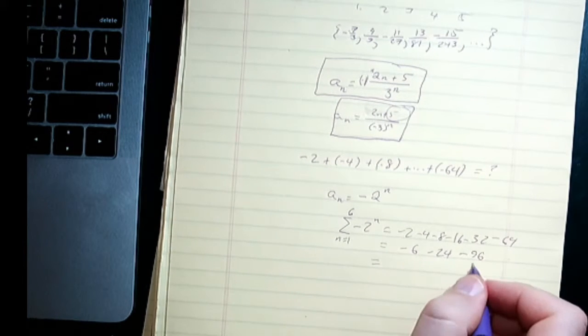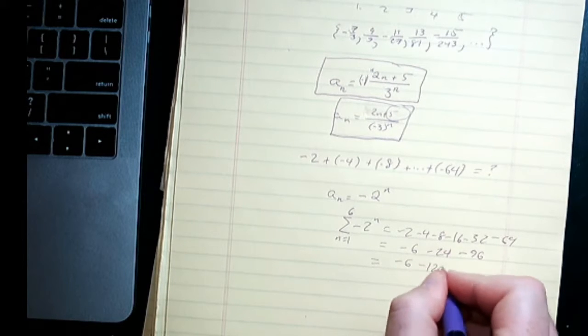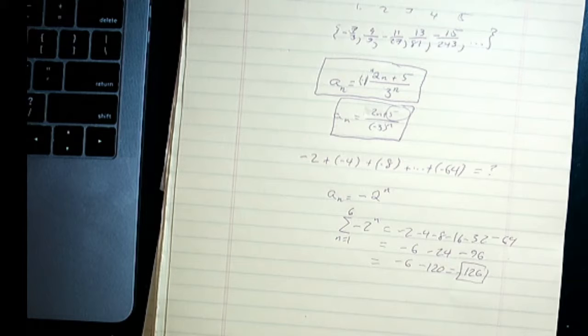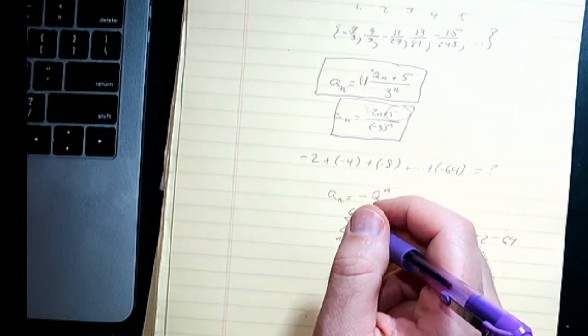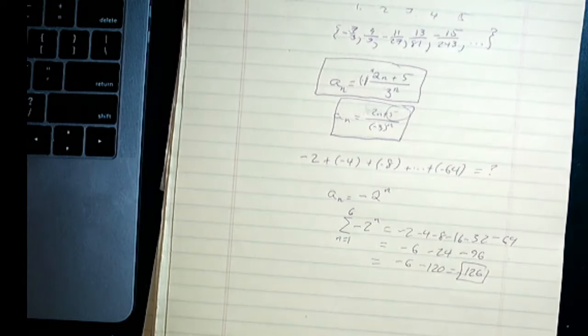So that's, well, gosh, -6 minus 120. So that's -126, and we're done. And that works perfectly well for a problem like this. Now, there's some other approaches to this. This sum, it turns out there's a way to express the partial sum here, which is relatively quick, which you could write down if you want. But for 6 terms, you could just add them, honestly.